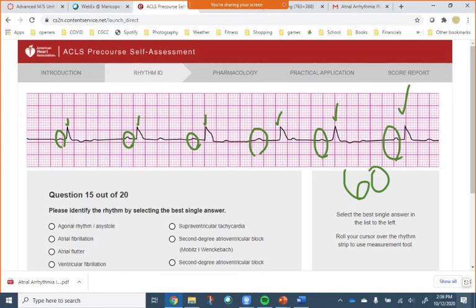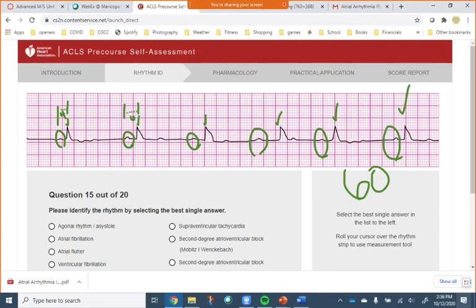So we look at the PR interval. Let's do this one goes from here to here. I think Todd got it. 1, 2, 3. We'll call that one a 4. This one goes from here to here. 1, 2, 3, 4, 5, 6.